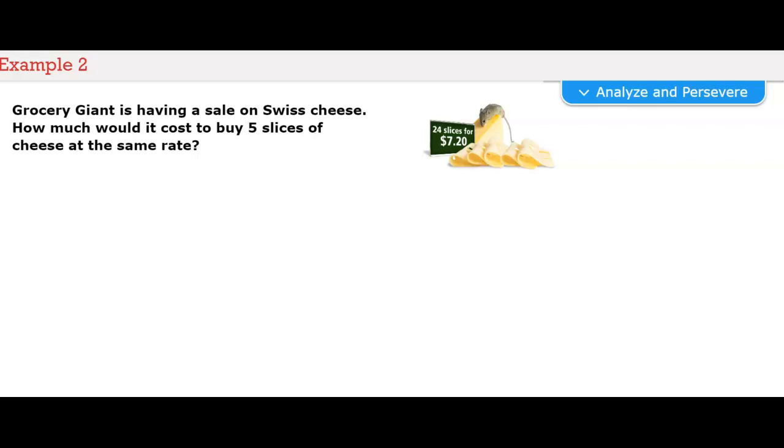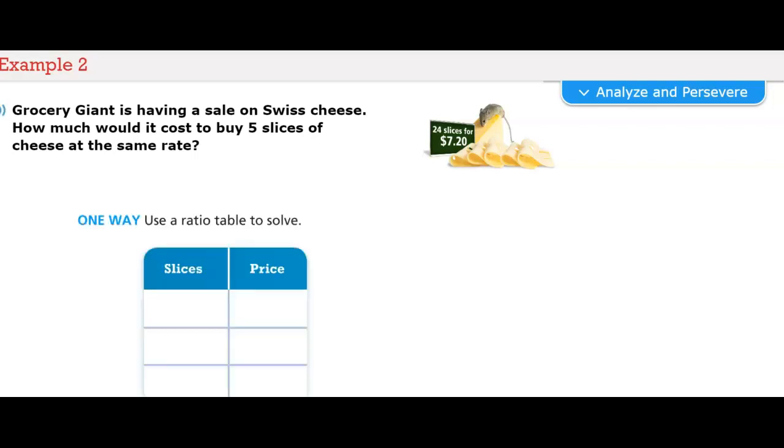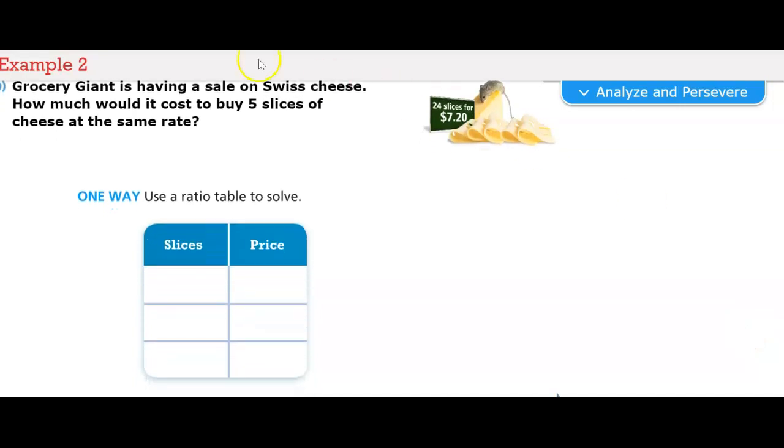Grocery Giant is having a sale on Swiss cheese. How much would it cost to buy 5 slices of cheese at the same rate? One way is to use a ratio table to solve the problem.